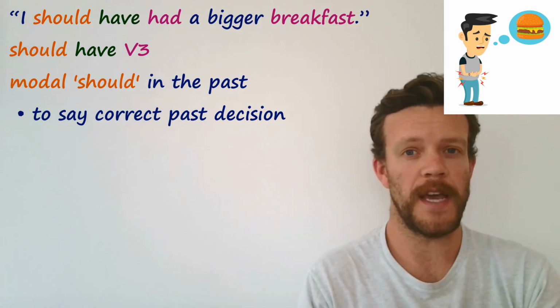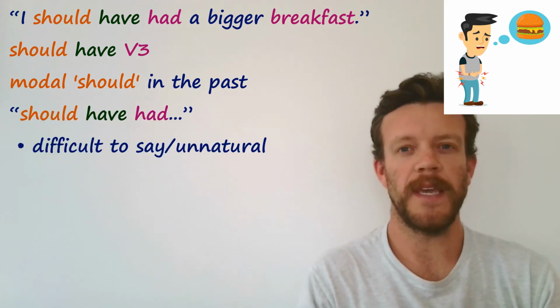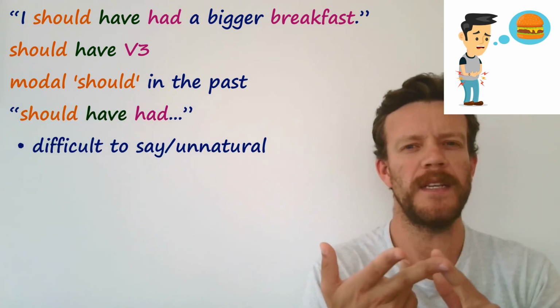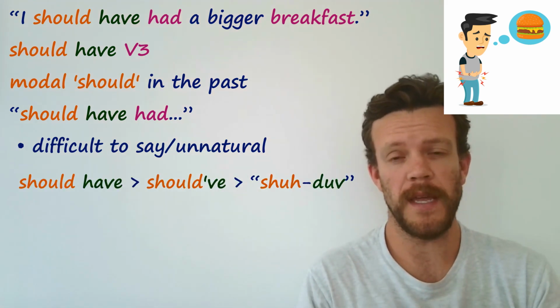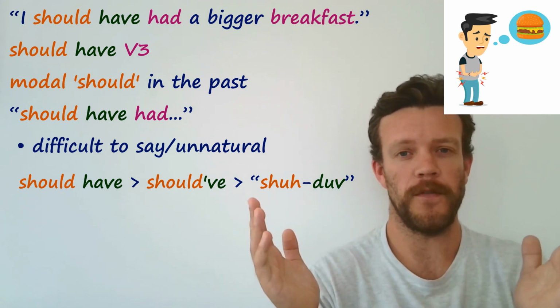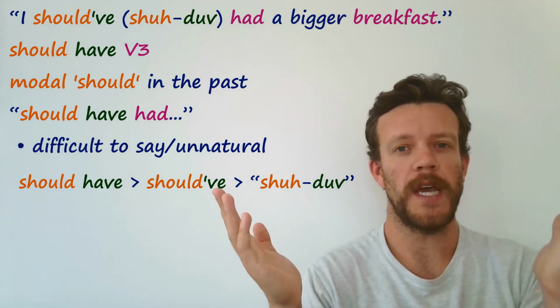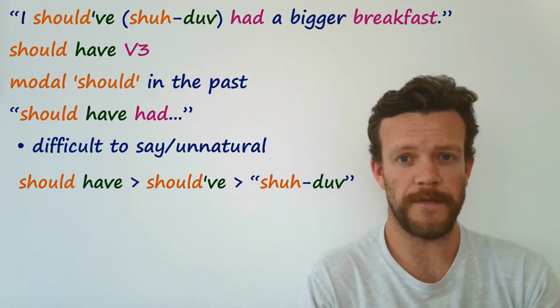I should have had a bigger breakfast. However, again, should have had is quite an awkward thing to say. So again, you want to try to connect the modal verb and the have auxiliary. Should have, should have. I should have had a bigger breakfast.